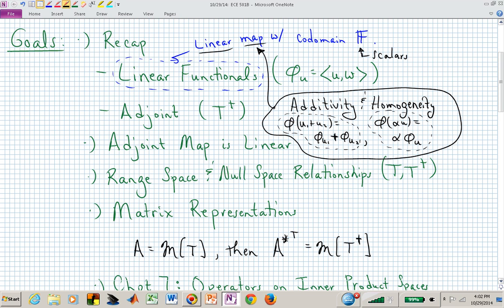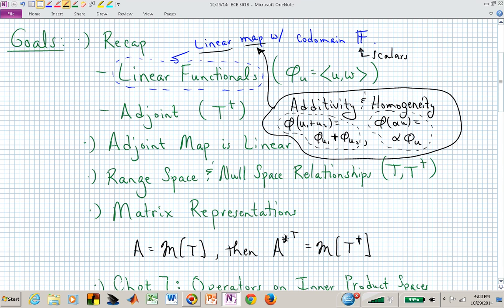Once it has that, then we can introduce what we talked about last time, where we can identify a vector W, build one up, that will be an inner product of our general vector V or U with that W. That's the linear functional, where we create this phi sub U as an inner product, and we can build up W. We will then remind ourselves about the adjoint, which is T dagger, and that sort of pushes you back into the space that you came from.